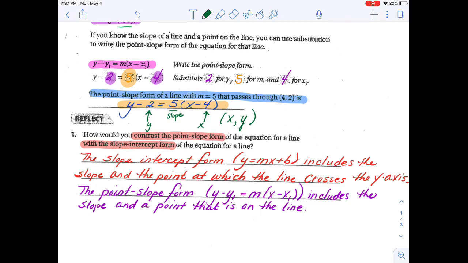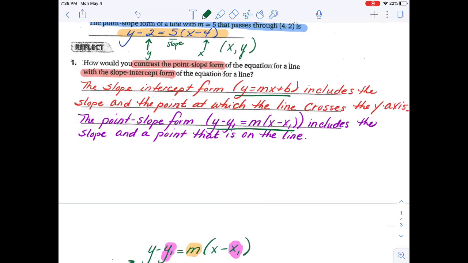And just like I told you, the difference between point-slope form and slope-intercept form is that y equals mx plus b, the slope-intercept form, uses the slope and where it crosses the y-axis. The point-slope form, which is right here, includes a slope, but a point that's actually on the line.